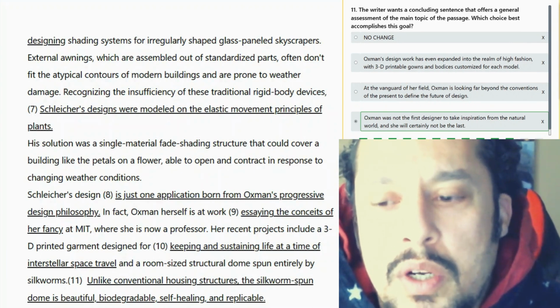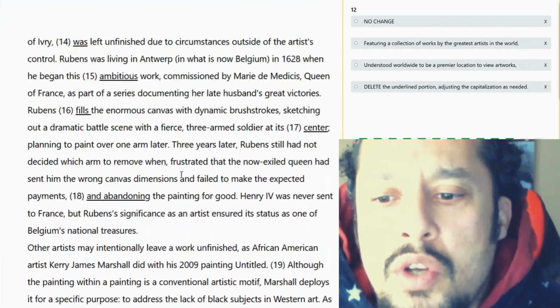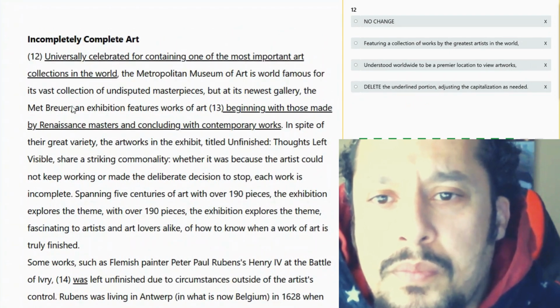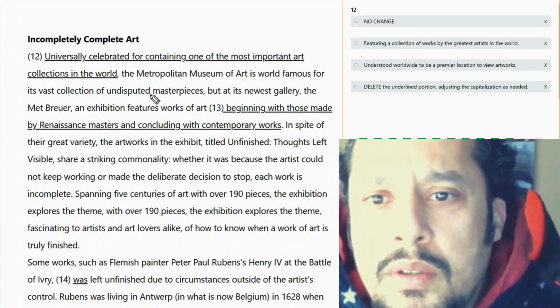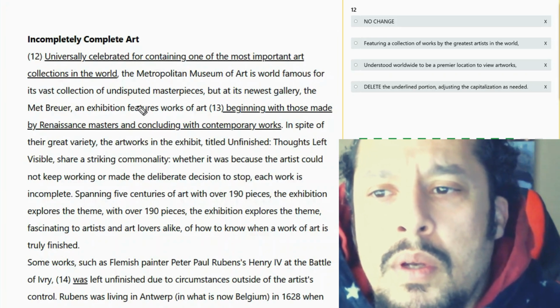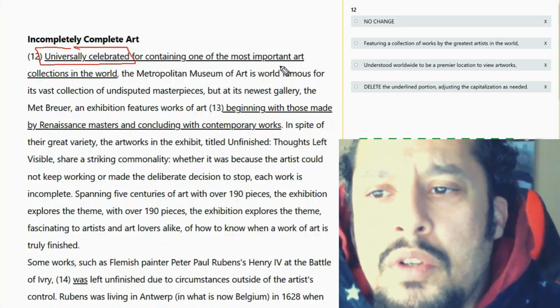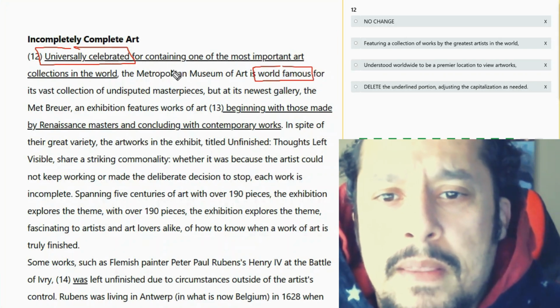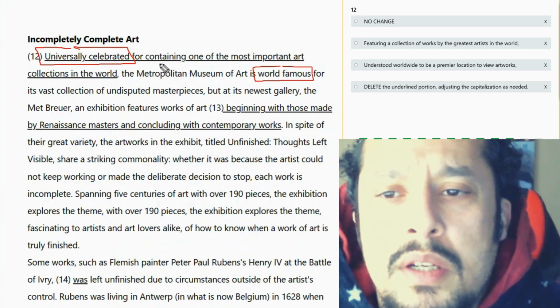So this is passage 1. Let's go to passage number 2. Okay, so universally celebrated and world famous, this indicates redundancy.